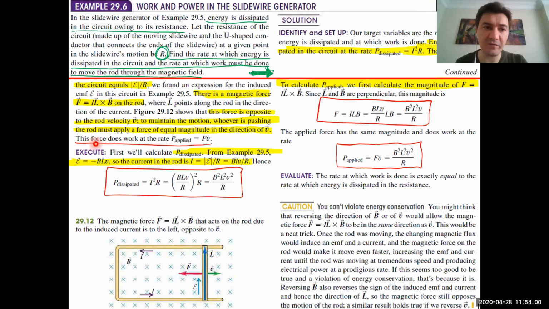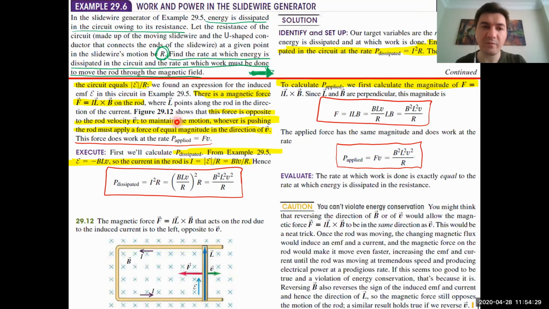Okay, this force does work at rate P applied, which is given by F times V. You can consider it like this: work is given by F times X. If you divide by time, or if you take the time rate, then you will get power and you will get the velocity on the right side.